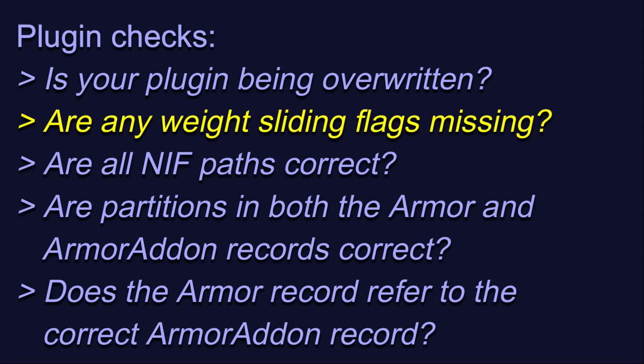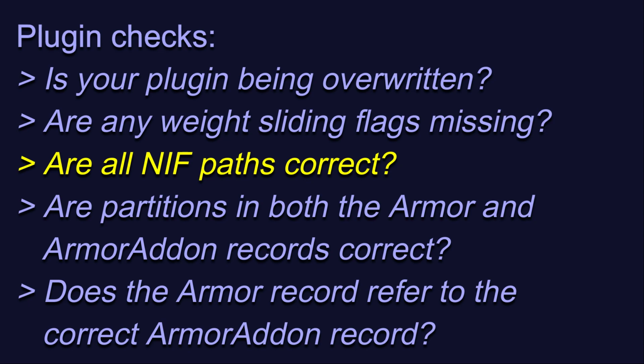For weight sliding items, make sure the weight sliding flag is ticked on in the Armor Addon record, and this has to be ticked on separately for each sex. Then make sure the wearable NIF path in the Armor Addon record and the ground model NIF path in the Armor record are exactly correct compared to the new mod folder that you set up.